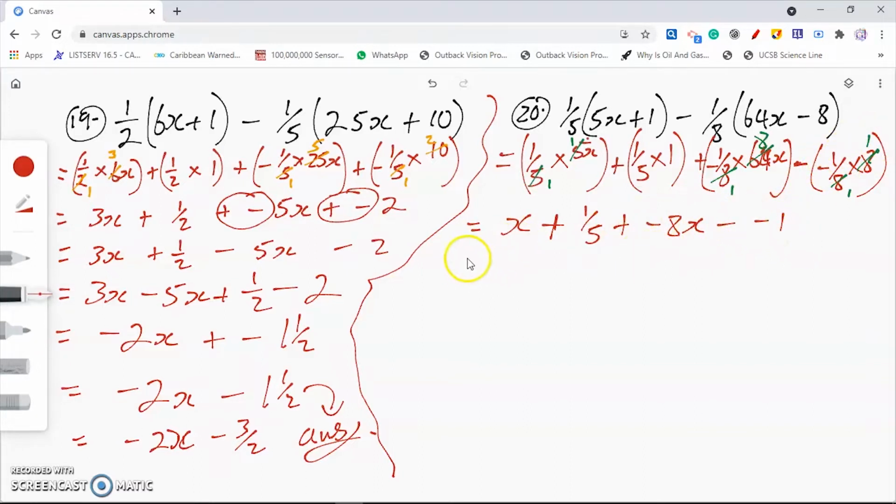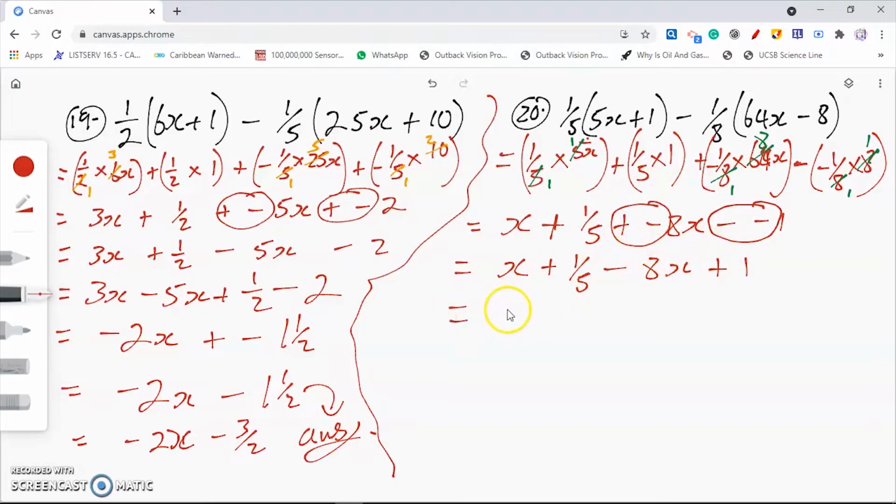In our next step we will have x plus 1/5 minus 8x, plus 1 because we have two negative signs here. And anytime you have two negative signs back to back, the resulting sign would be a plus sign.